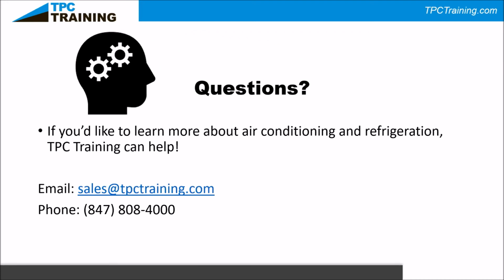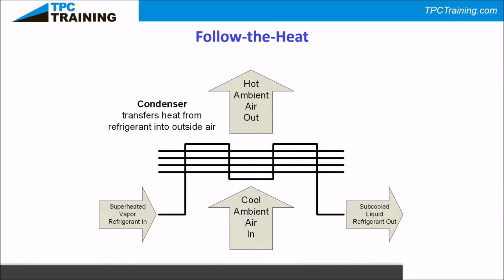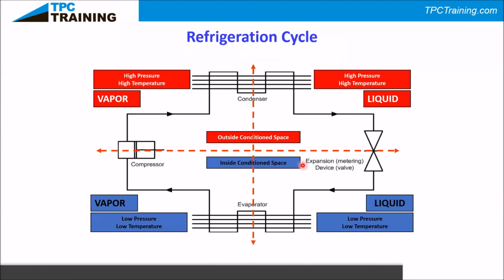This is a great segue, Bill. We're getting a couple of questions about heat pumps in particular. Can you describe what a heat pump is and how the refrigeration cycle might be different? Where we said outside conditioned space versus inside conditioned space, we're just flipping the two. We're making this the outside and this the inside, and we're taking heat from outside and bringing it inside of our house.